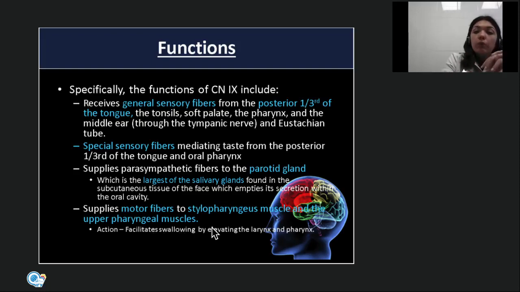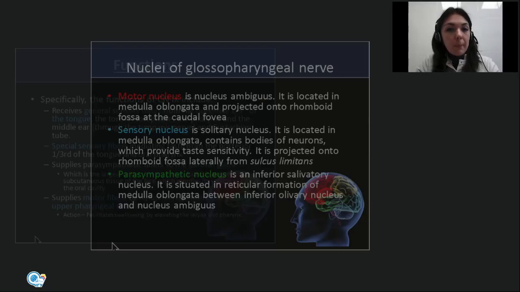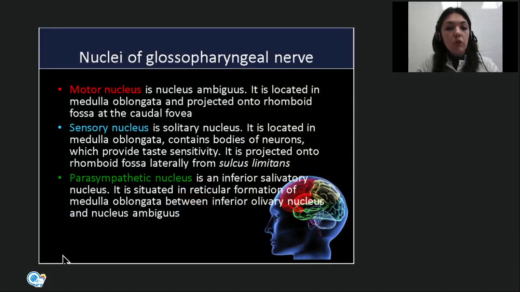Look, if you think a little bit, you will see that there are actually some contradictions, yes? Because we will see later that the sensory nucleus of the glossopharyngeal nerve is the solitary tract nucleus. And we have already said that it is taste.